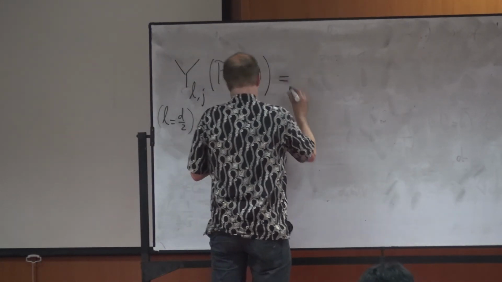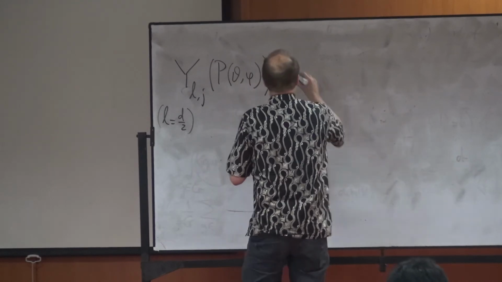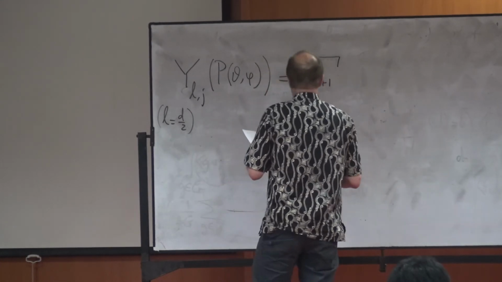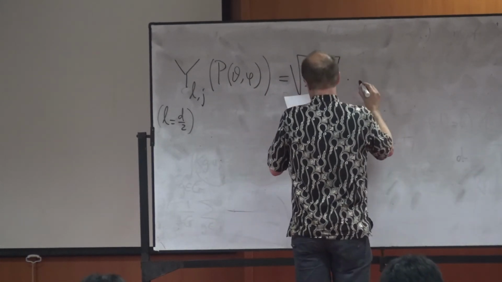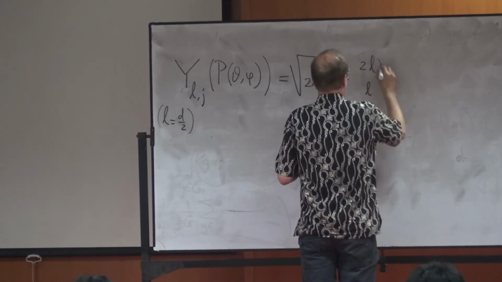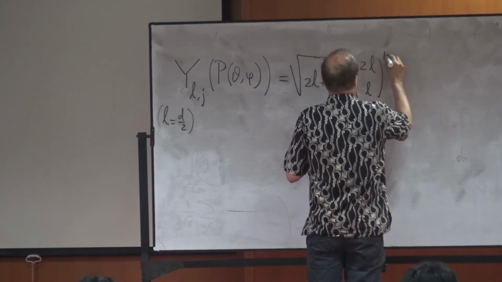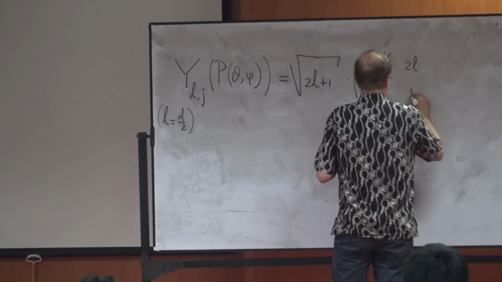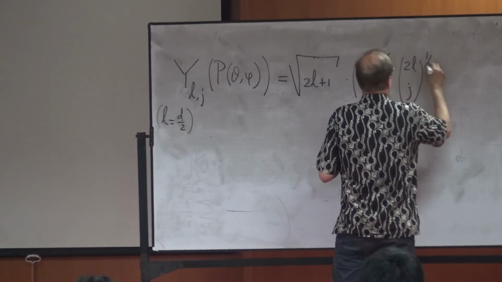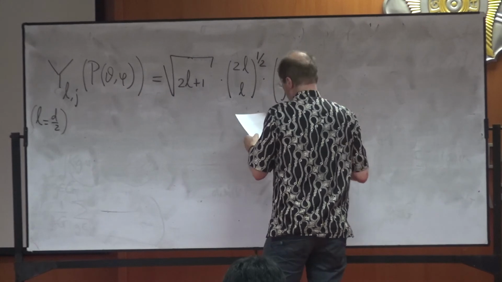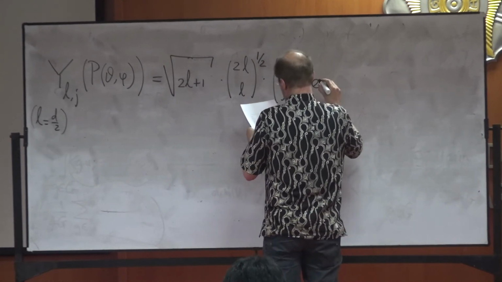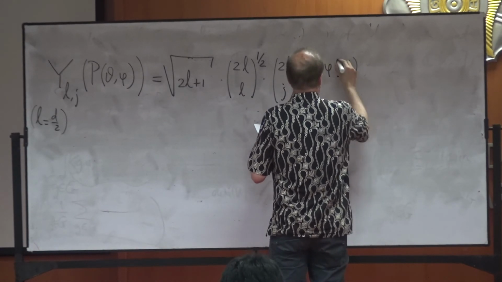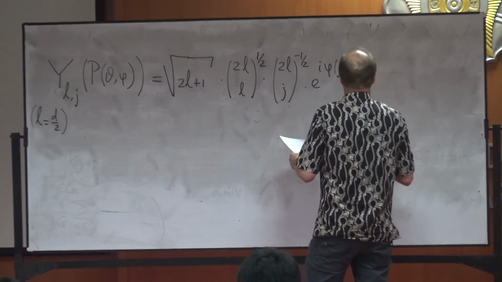Now comes the whole thing: the square root of 2L plus 1, you see this L is really d over 2, times 2L choose L to the power of a half, times 2L over j, times a half, minus a half, sorry, times e to the i phi times j minus L, and I'm not yet finished.